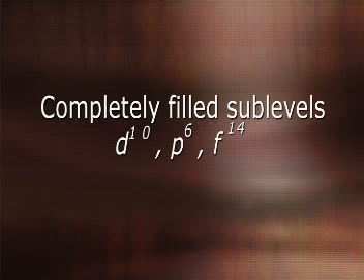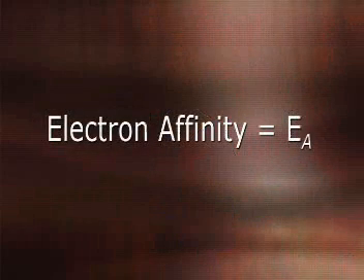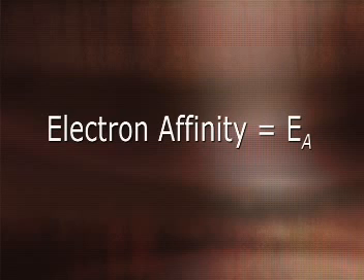Let us now move on and discuss electron affinity. Non-metals gain electrons. As a result, they form negative ions. The tendency of an atom to form a negative ion is expressed in terms of electron affinity.